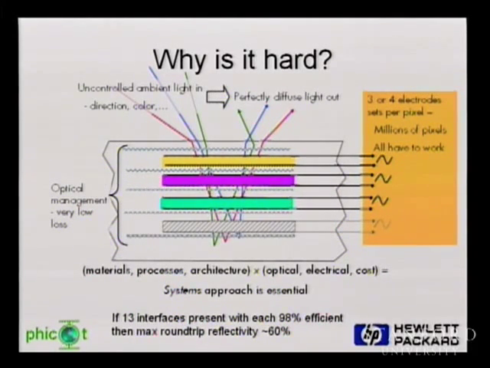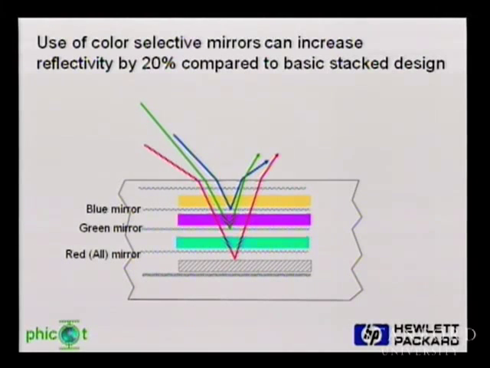And to address this, the approach that we have taken is to manage the light carefully in the stack. So what we're trying to do here is to have the light proceed through the stack only as far as it needs to. So, for example, if I want to have my blue light, I might have a yellow absorptive layer, which can either pass blue light or absorb blue light.